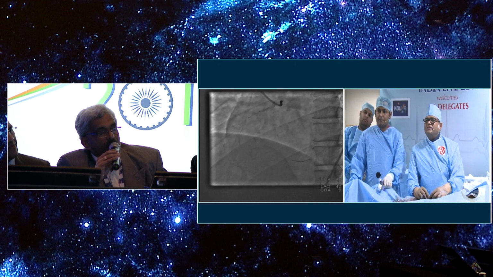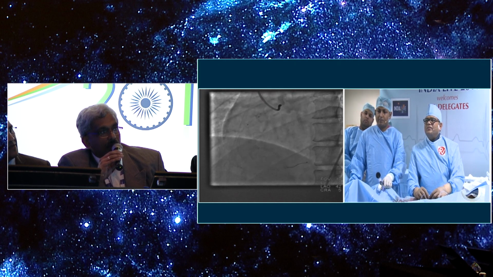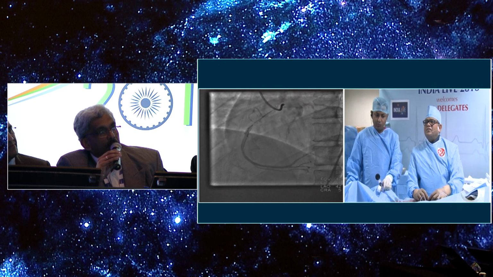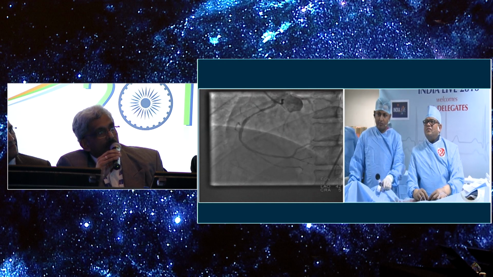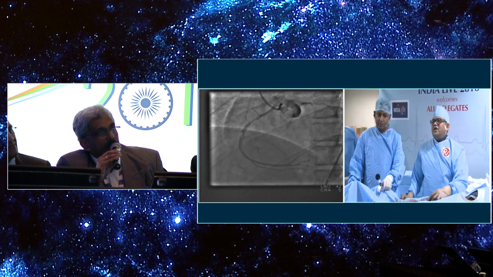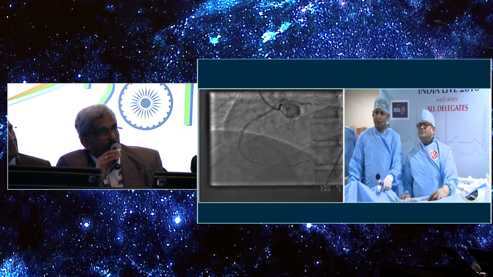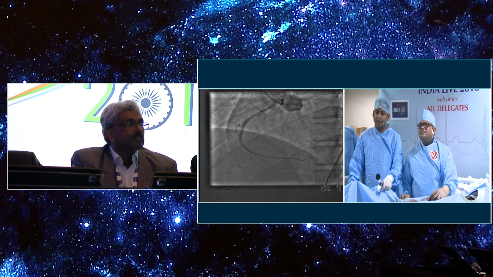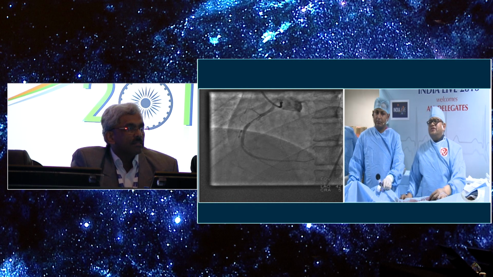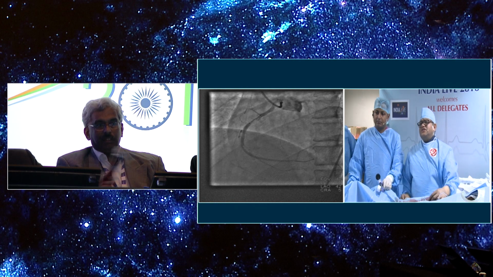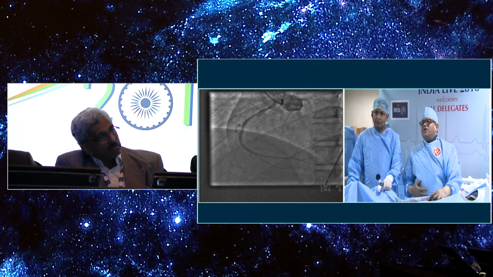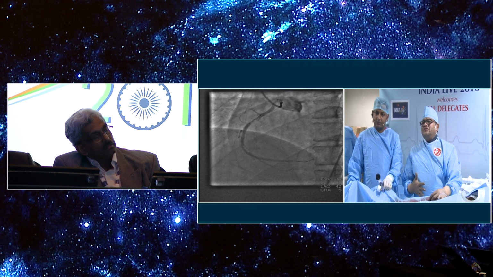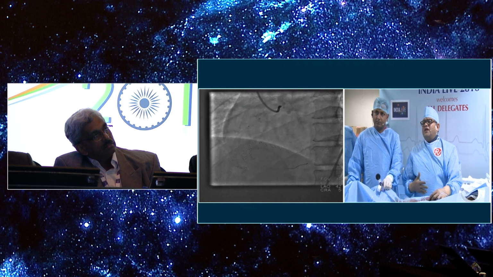But if it's a C, which is coming more anteriorly and above like this, I think the AL1 is a good guiding catheter. The modified AL1 is possibly what is suggested in the books, but I think AL1 is good enough. That's why I use the AL1, because this is type C, and I'm comfortable to do the selective angiogram of the right coronary with this AL1.